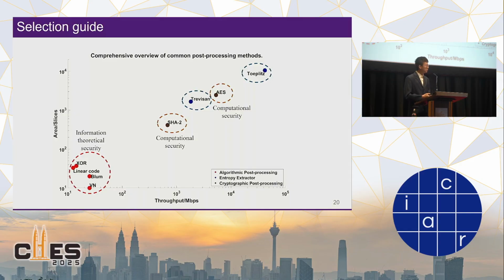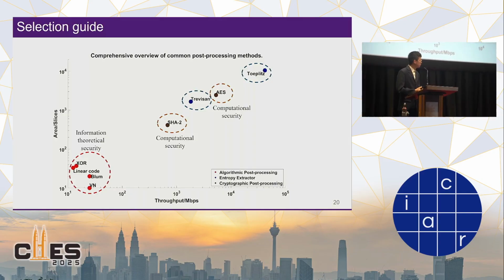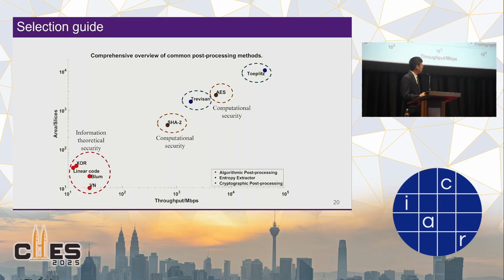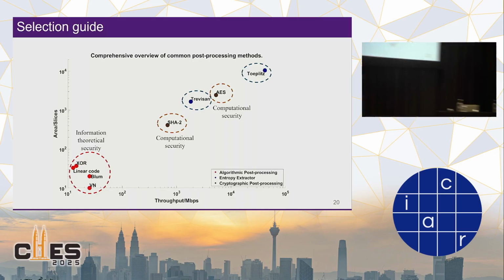Maybe one last question from my side. So you have optimized directly for area and throughput at the same time, right? I would expect that if you use different optimization goals, you get a kind of breakdown for each of these algorithms. Do you have an idea if there is any point where maybe Toeplitz hash is more useful?